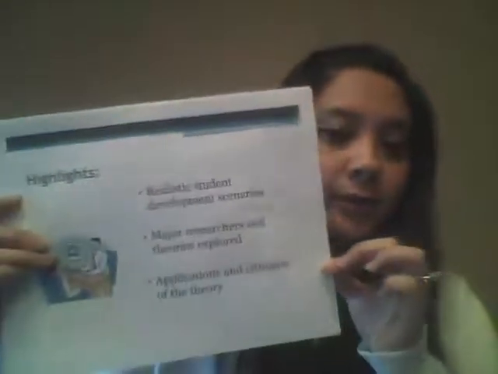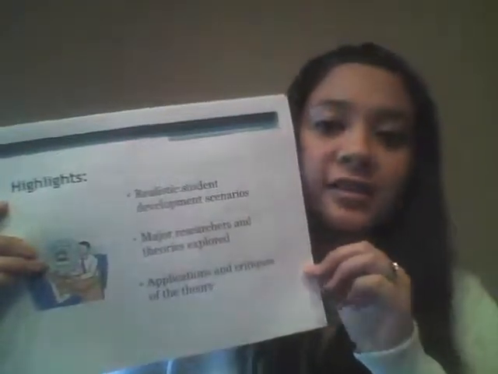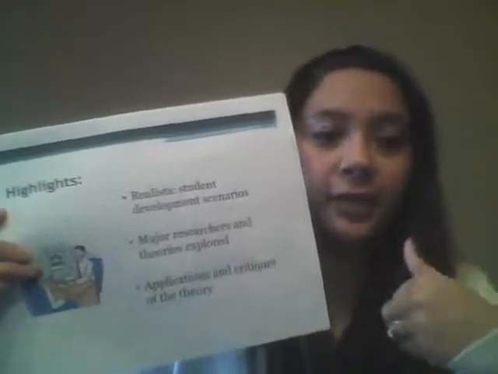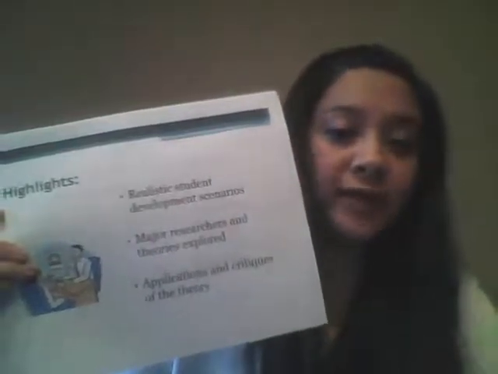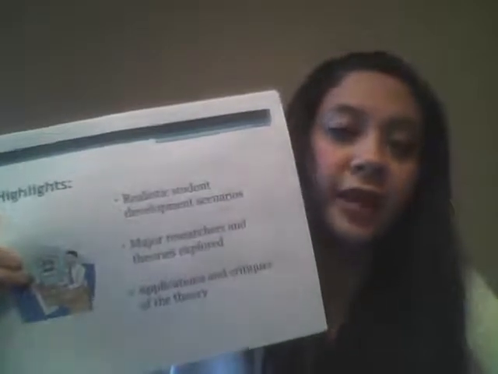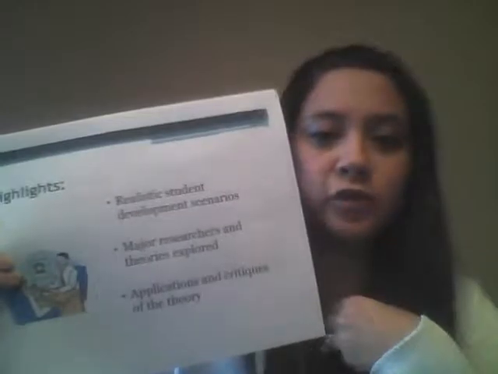And there's application and critiques of the theory itself. So it's not just saying this is the way it is. You can actually hear about the applications of how you can use it, some practical ways in which you as an educator can make interventions, and the critiques of the theory and the things that still need to be learned in reference to that theory.